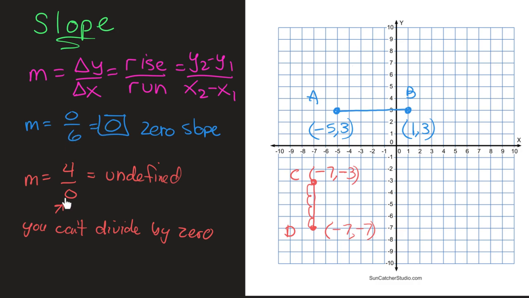But here, how many zeros does it take to get to 4? Which also would mean 0 times what is 4? Well, 0 times anything is 0. You're never going to get to 4. That's why this doesn't work. So anything divided by 0 is undefined. And so those are the four slopes that you got to know for like most of math. That's it.